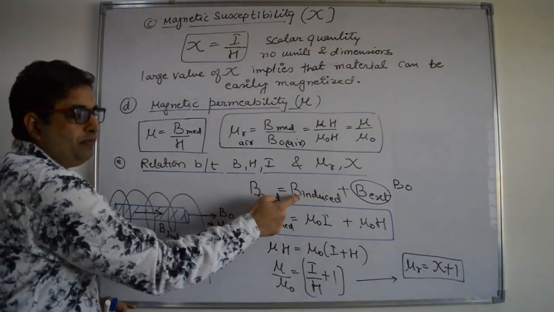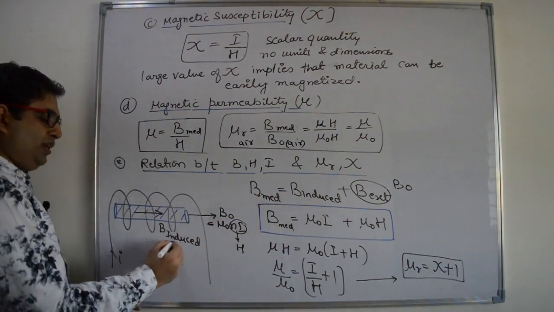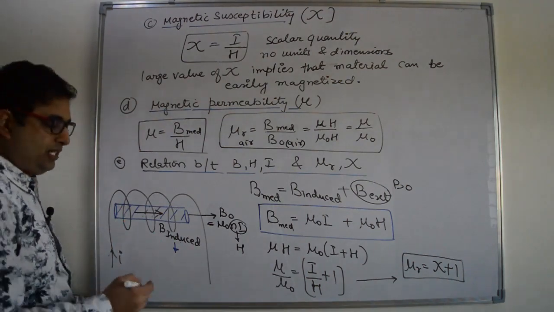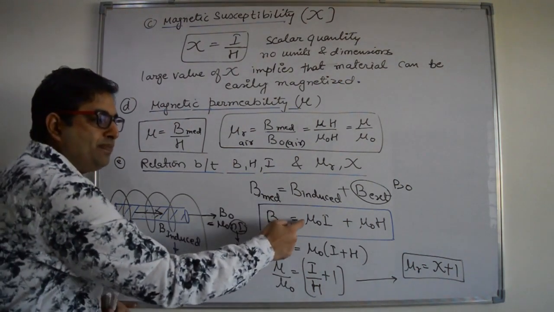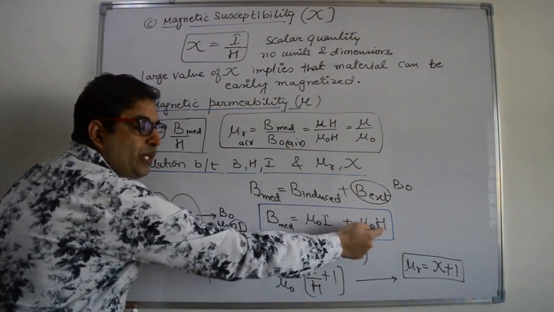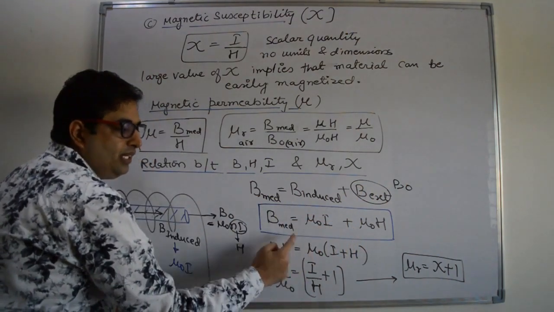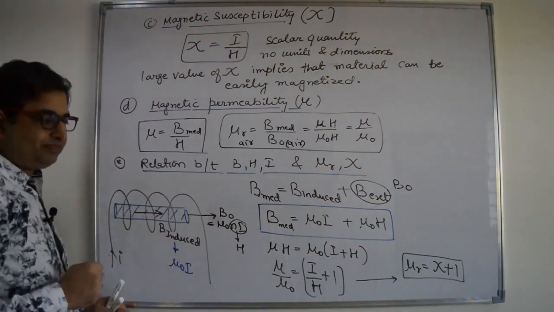B induced is mu naught into I, because the induced magnetic field depends on intensity of magnetization. External, or B naught, is mu naught into H. If you add them, take mu naught common, this value is total magnetic field inside the medium.